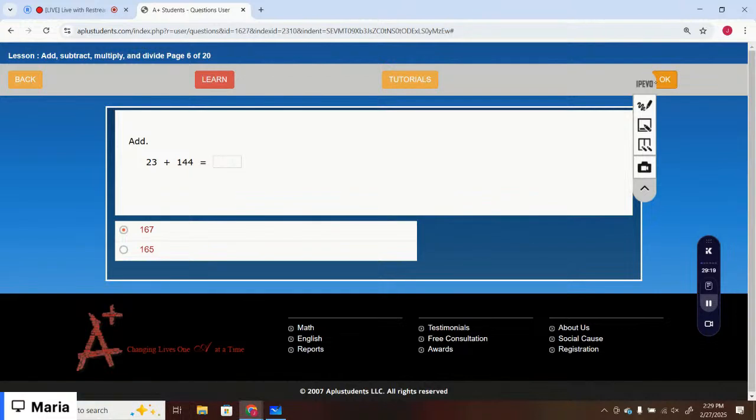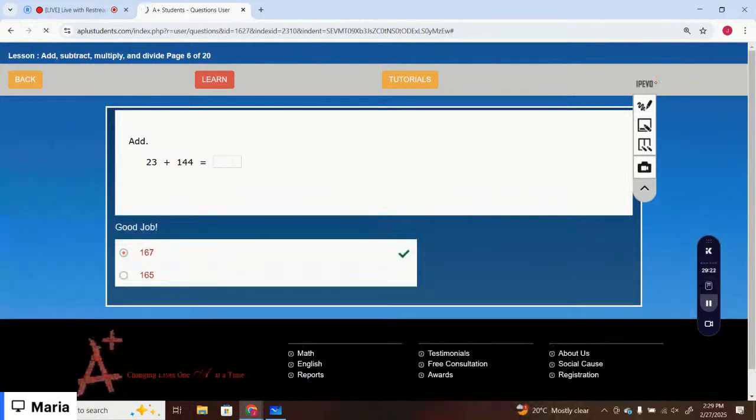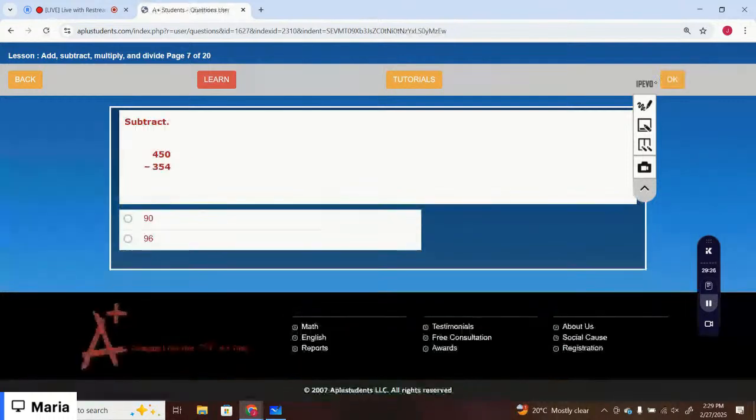Very good. 450 minus 350. That is 96. Option number two is the correct option.